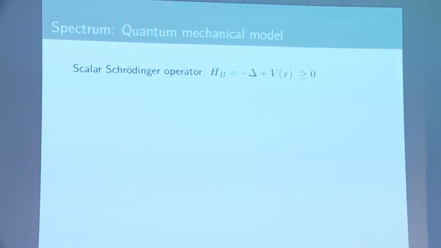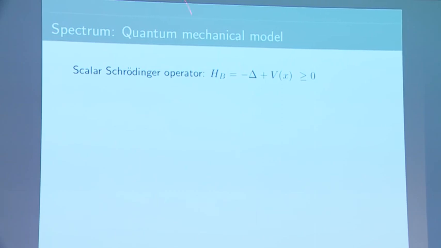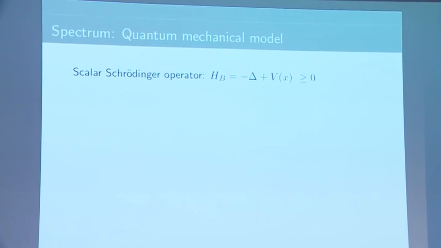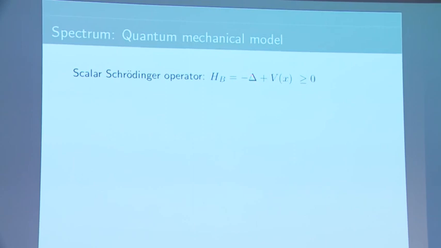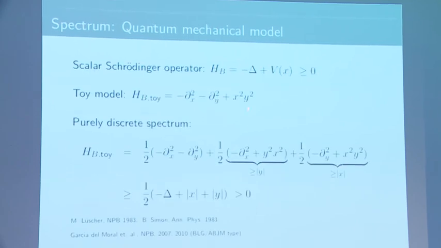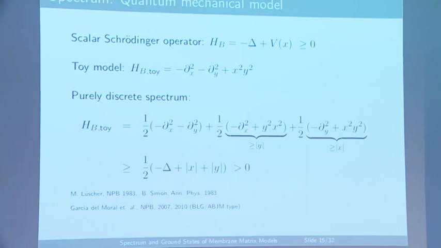So on the quantum side, we are then considering this Schrödinger operator, essentially the Laplacian here, plus this scalar potential. And then again, both of these operators are non-negative, but the important feature is this narrowing of the potential valleys here.